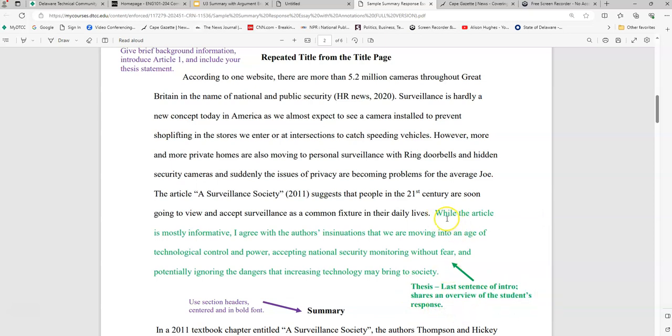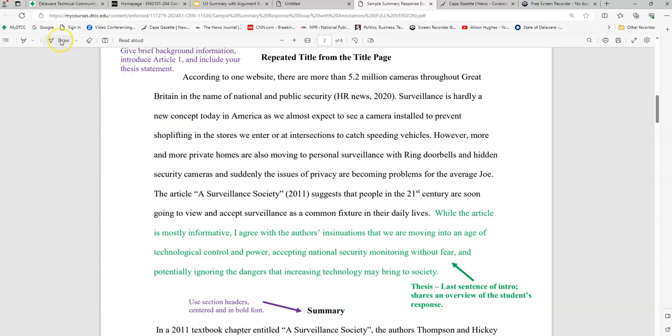So this particular thesis begins with the opening, "while the article is mostly informative." So this is speaking to the purpose of the article. You do not necessarily have to include the purpose of the article in your thesis statement. Why? Because you're going to include the purpose of the article in your summary.